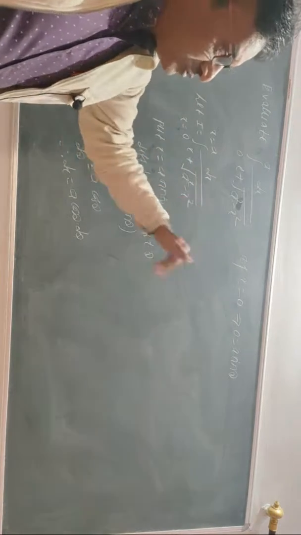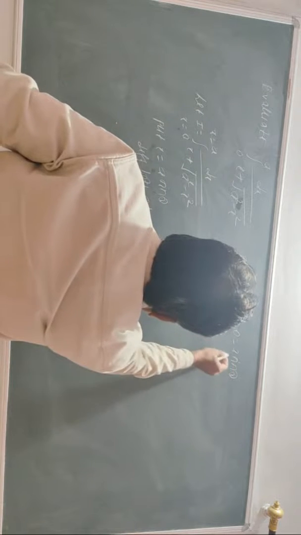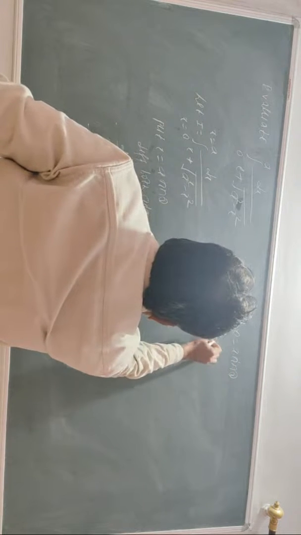Then divide both sides by the constant a, so 0 by a is 0, and a upon a cancels, leaving sine theta.